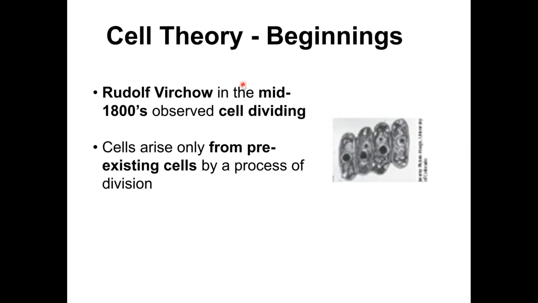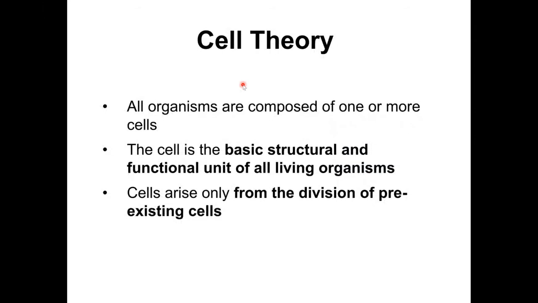So combining all together, scientists finally came out with what we refer to as the cell theory, which is one of those very important properties that we discussed at the beginning of the course. A property of all living organisms is that all living organisms are made of cells. That's exactly the cell theory. So the cell itself is the basic structural and functional building block or unit of all living organisms.